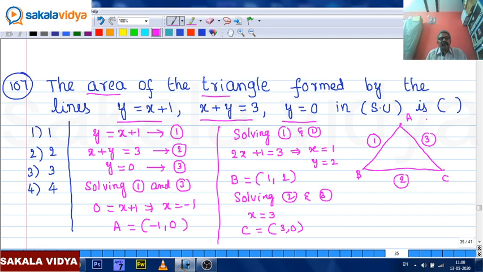That means A coordinates are minus 1 comma 0, B coordinates are 1 comma 2, C coordinates are 3 comma 0. Now, find out the area of the triangle.